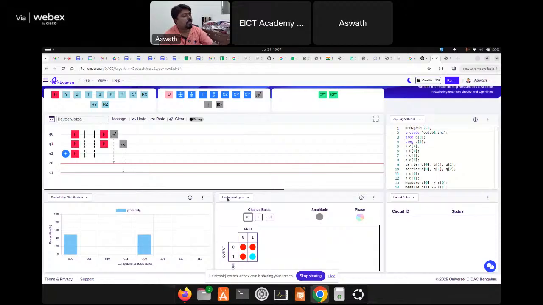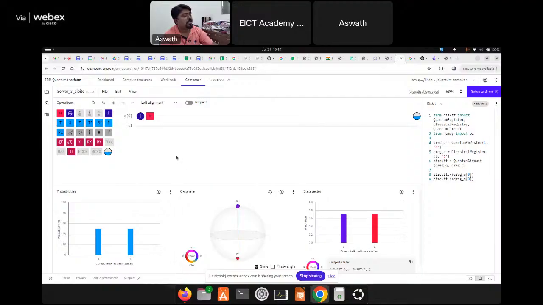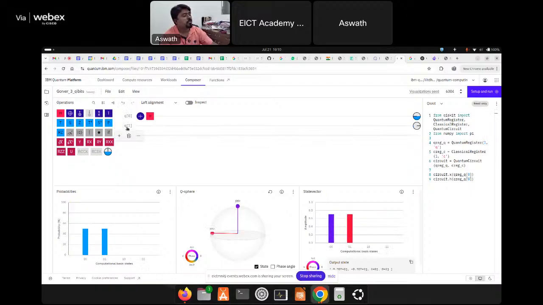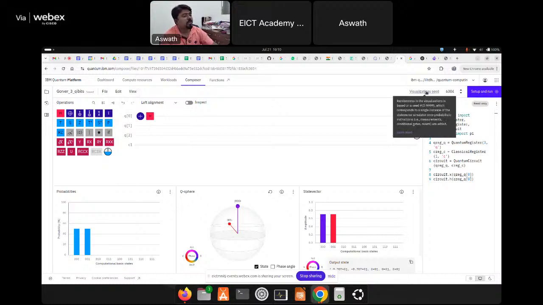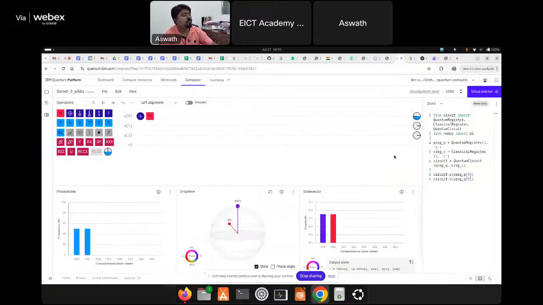Even in the IBM composer you can load the Deutsch-Jozsa algorithm, but I don't think a ready-made algorithm is there. You can create your algorithm by adding two more registers. You can add the circuit, whatever I was saying earlier, this circuit, and then make the measurement, and you are just like playing Alice and Bob together.